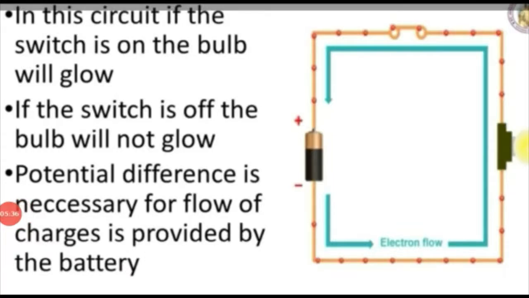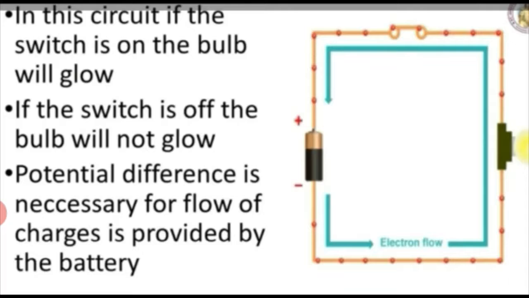The next topic we are going to see is the electric circuit. A simple electric circuit is a closed conducting loop, or you can call it a path, which has a network of electrical components through which electrons are able to flow.